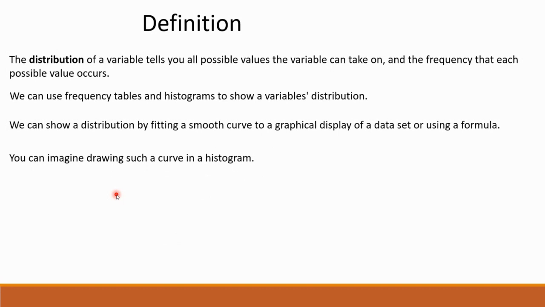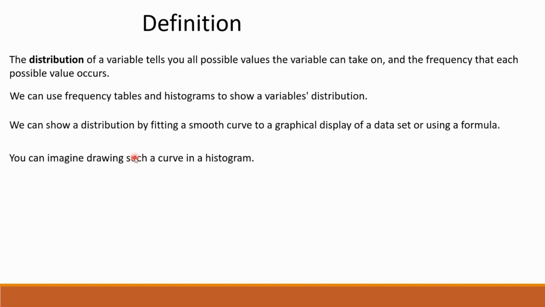So you're looking at the output, so to say, and the frequency. And so that's why we like to look at frequency tables. We will look at histograms as well. You can actually use histograms to present the distribution.